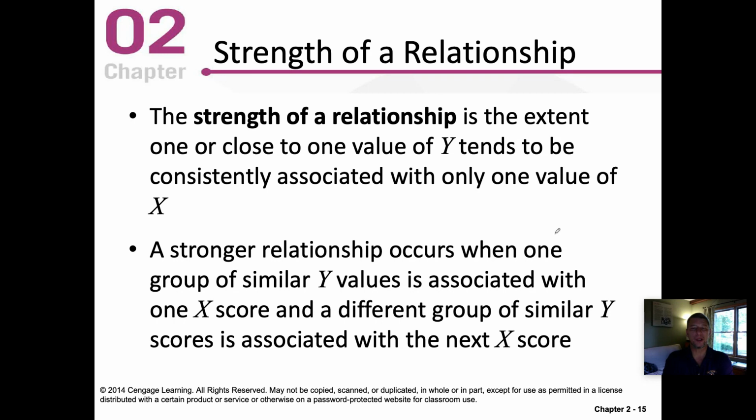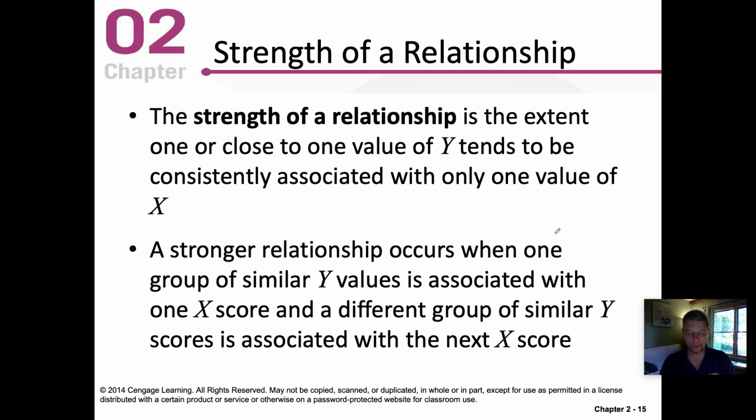A stronger relationship occurs when one group of similar y values is associated with one x score, and a different group of similar y values is associated with the next x score, all right?